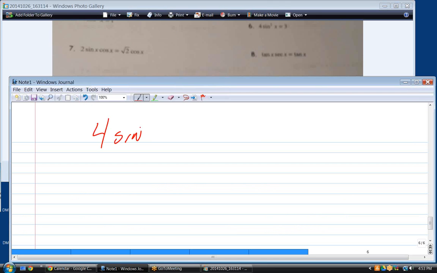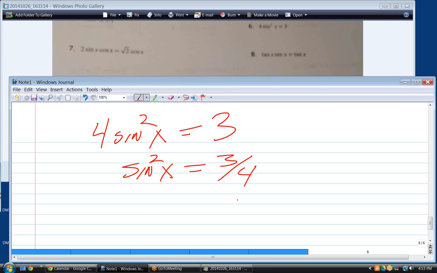4 sine squared x equals 3. Okay. What's one of those common first quadrant answers?